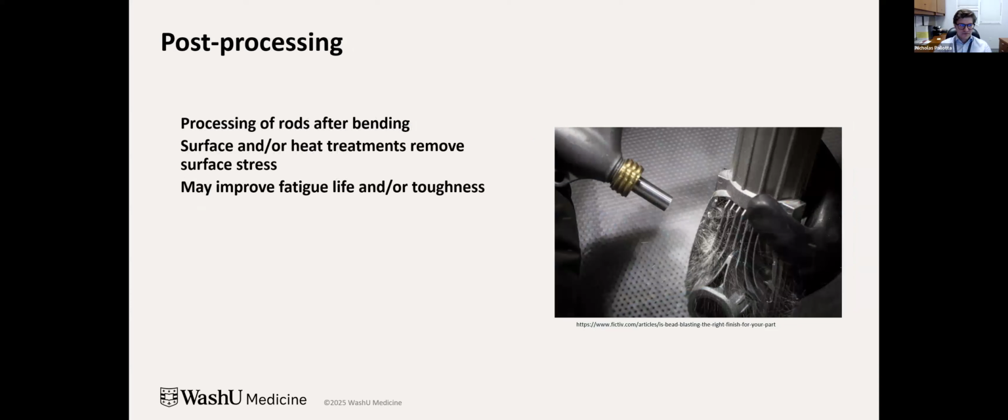Doing the custom bending before the rods get to the operating room or even the hospital or even out of the manufacturing plant allows for post-processing. And post-processing is any process you can implement after the rods are bent.